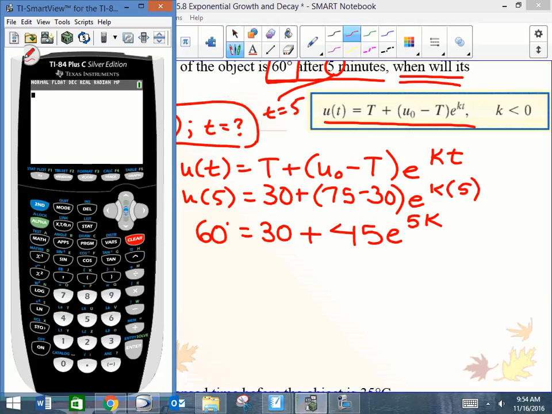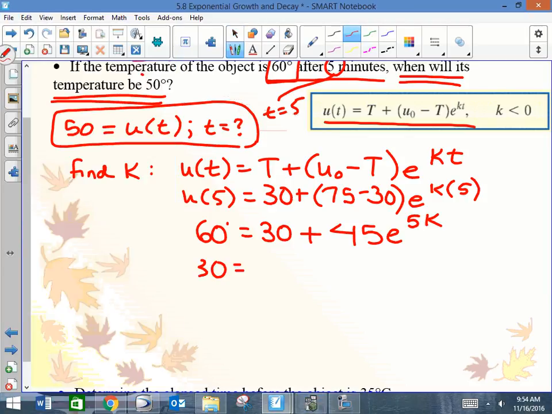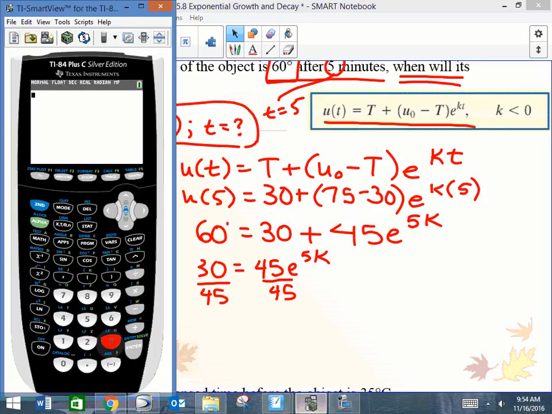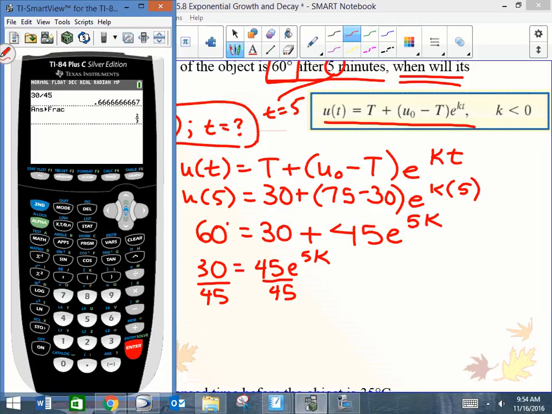Do the algebra. Sometimes this is a nice number, sometimes it isn't. If it's nice, I'll just leave it in fraction form. That's actually, it's in fraction, so.